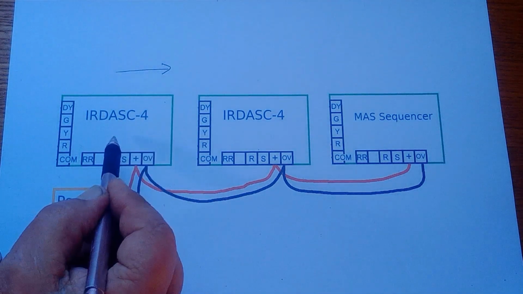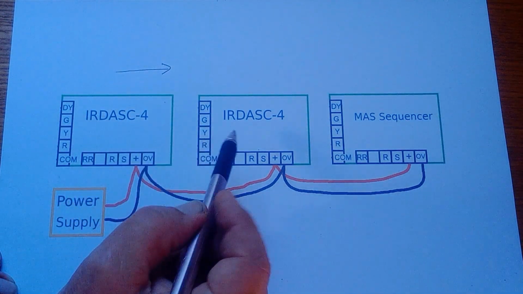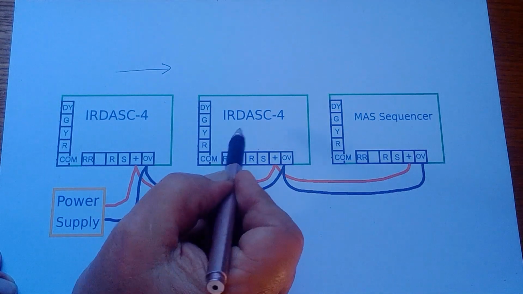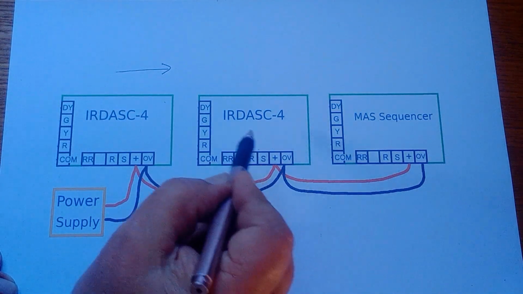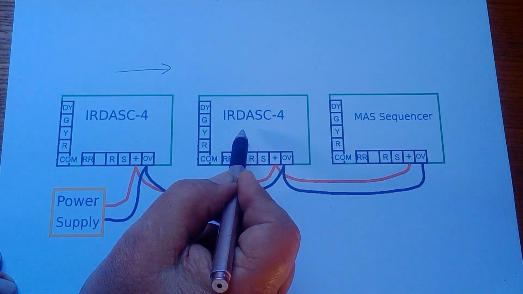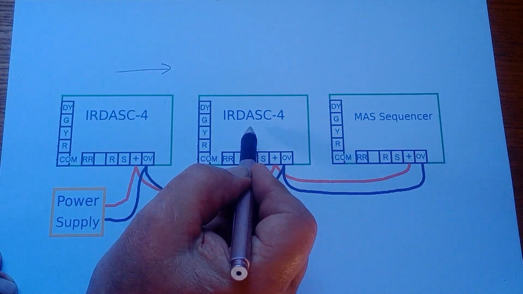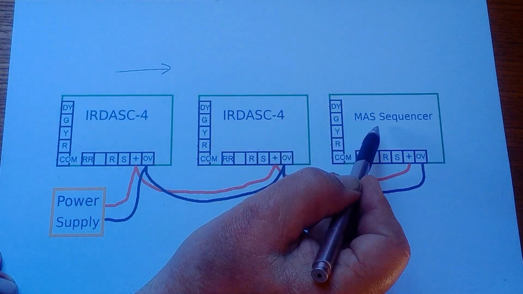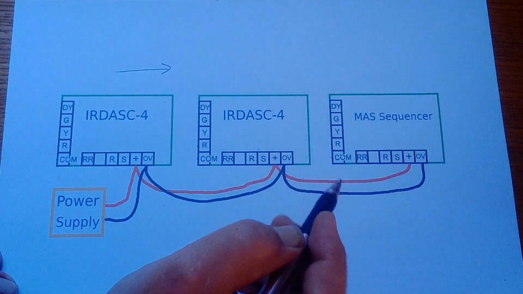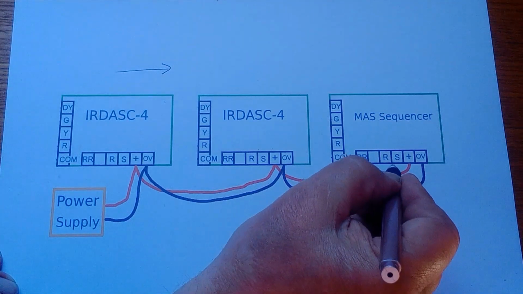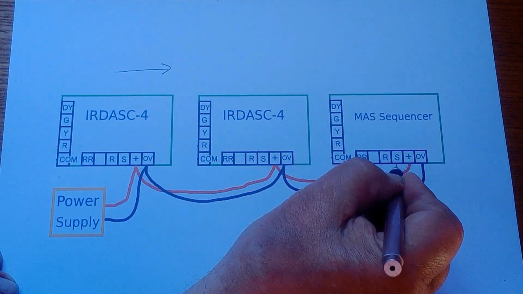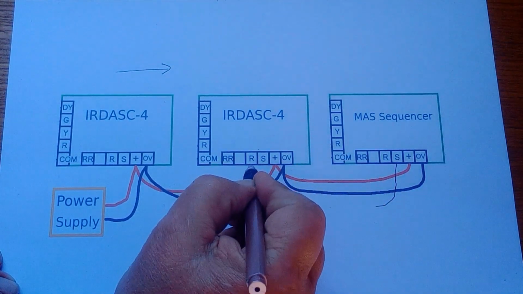Now the ADAS4 needs to know where the train is being detected of the next ADAS4 up the line. The same thing with this ADAS4, it needs to know where the mass sequencer is in its sequence. And the way that is done is by connecting a wire from the send back to the receive.